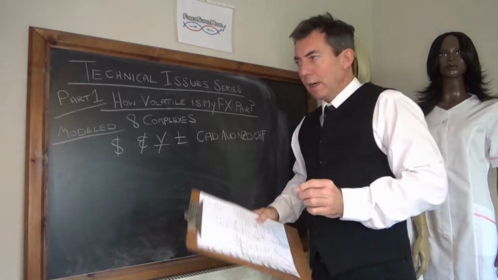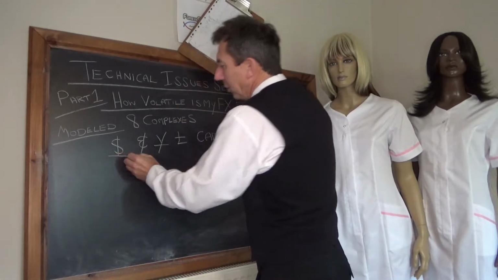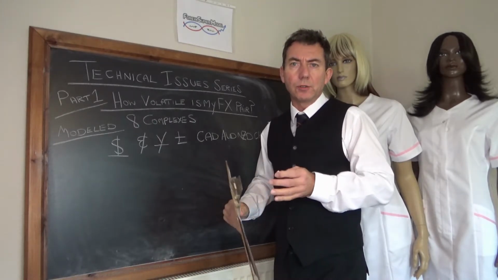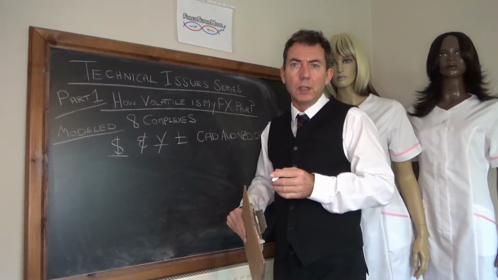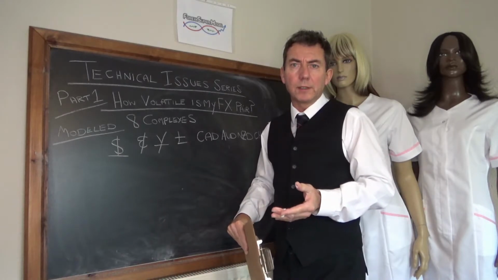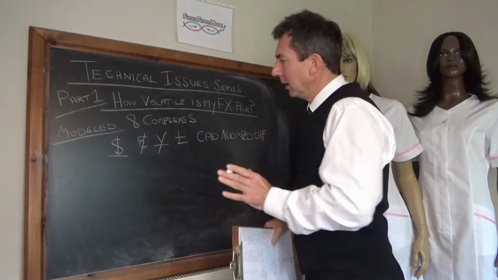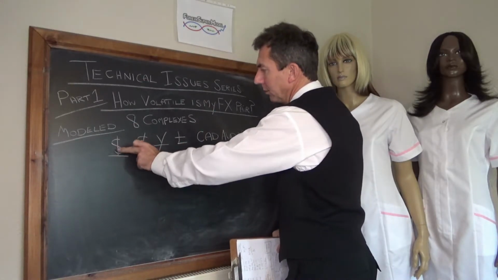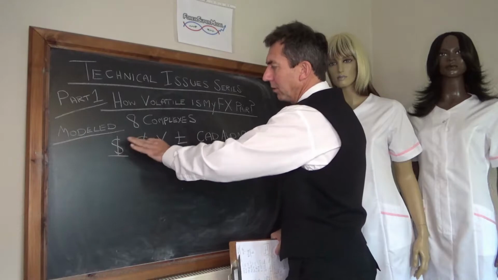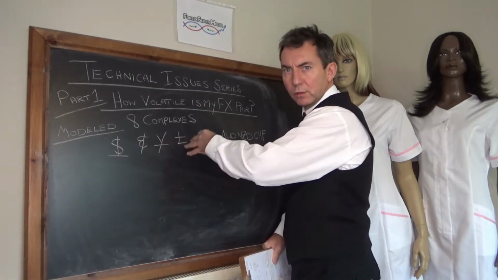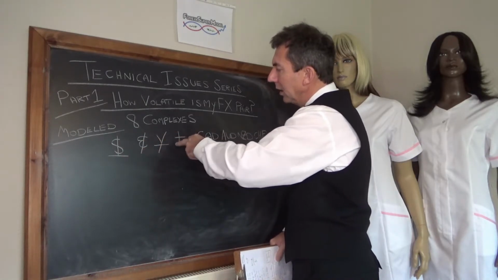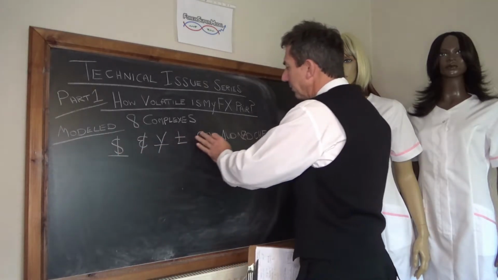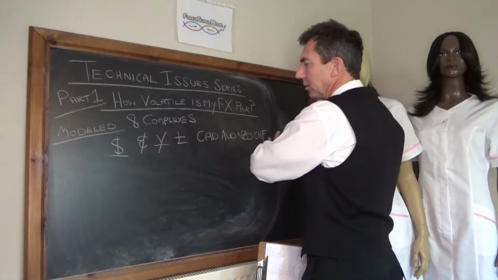Now, if you're not sure what a complex is, go to one of the educational videos we've got on the channel, which is what are FX complexes and how do you calculate them. But basically, the daily briefing complexes, which are the dollar, euro, yen, pound, are made up of all the pairs in those particular currencies, whereas a full complex is made up of the 8 currencies.